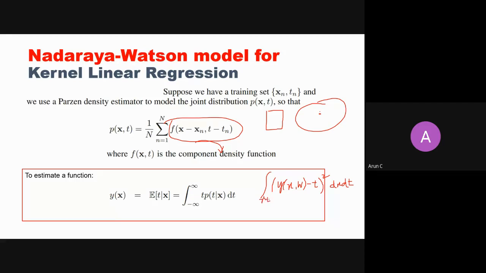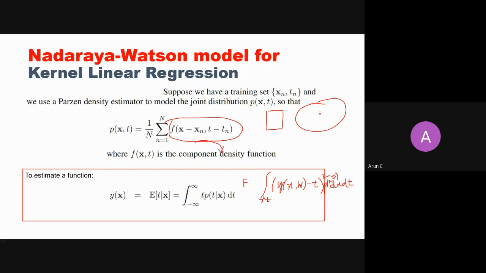This was my expected loss, with the probability p(x, t). We have done this. And then I said that we want to minimize this expected loss.